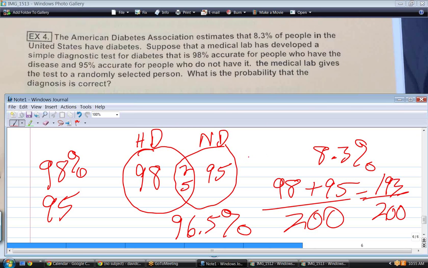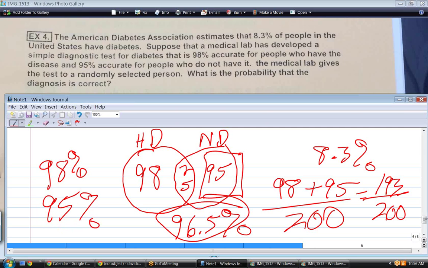Okay. So if you were to randomly sample 100 people, the 95% is going to be applied to 91.7% of them. In other words, this final number should come out closer to 95%, right? It should lean towards the 95% because there's so many more of them.